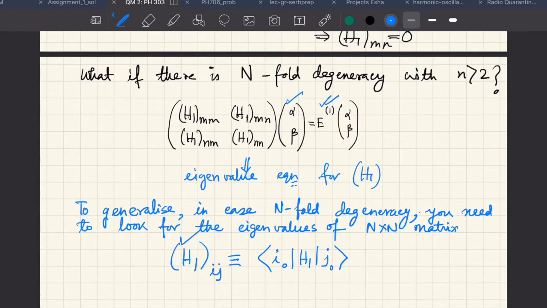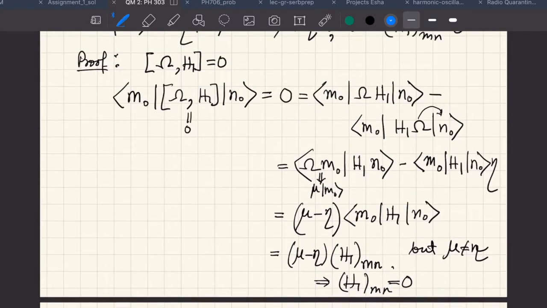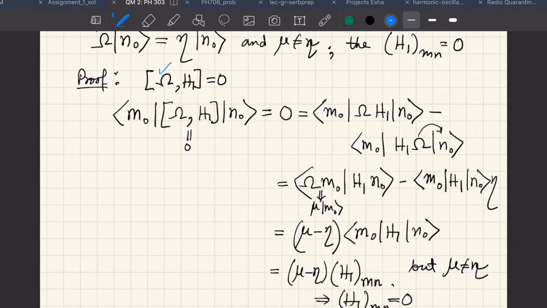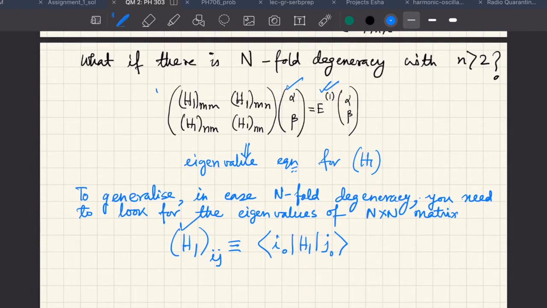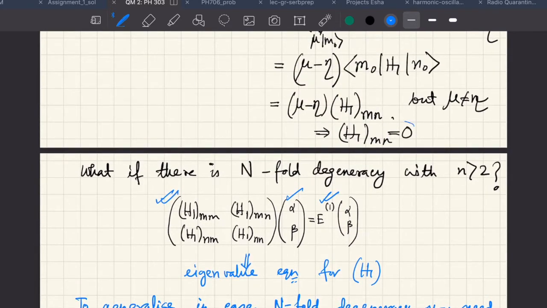Once again, if you can think of the operator omega that I have just introduced, that commutes with H1, and use the simultaneous eigenfunctions of omega and H0, the unperturbed Hamiltonian, then the H1 matrix will automatically be diagonal. That's what it says, because the off-diagonal element H1 mn is 0.